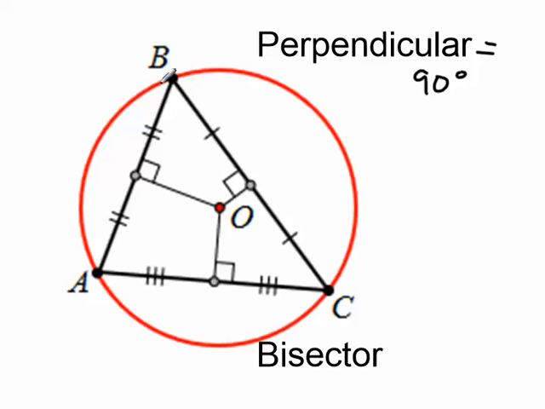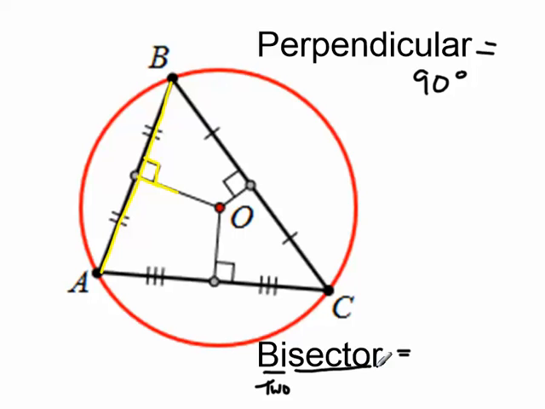As we can see here, if we have the line segment AB, I'll mark this in yellow. Perpendicular means I'm going to create a line that is 90 degrees to line segment AB. That's the first part. The second part is bisector, and this prefix bi means 2.